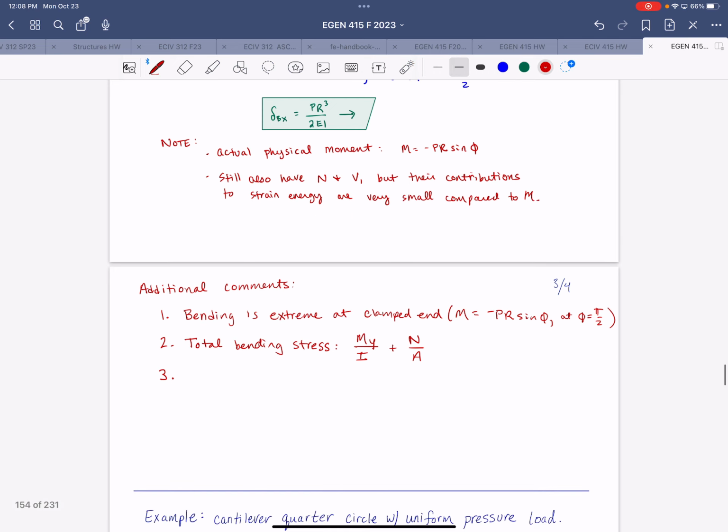So I'll just note, with this method, we only obtain the deflections at corresponding loads.